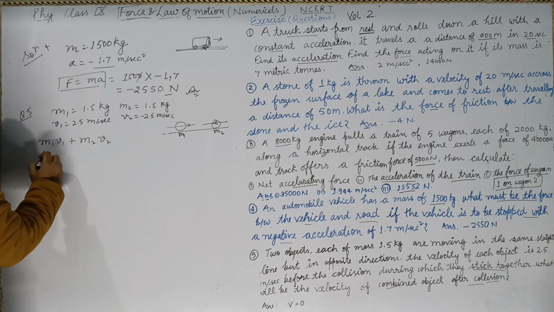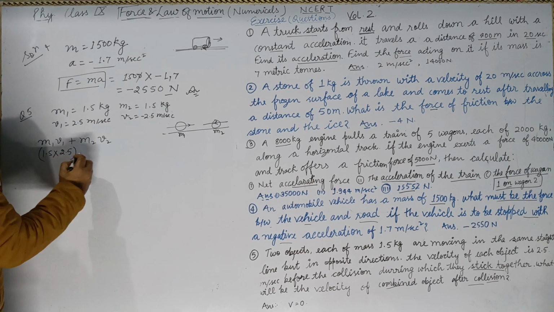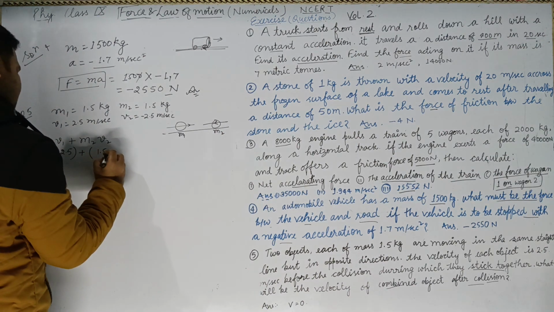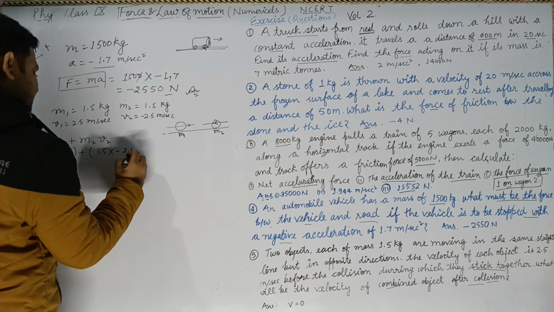So m1 is 1.5 into v1 which is 2.5, plus m2 is 1.5 also, and 2.5.